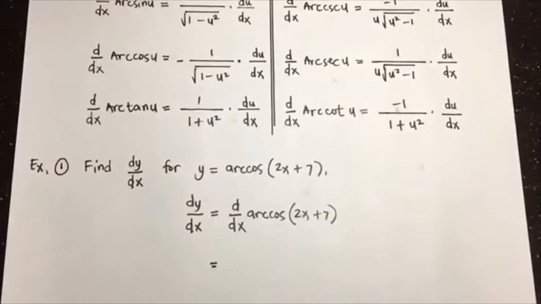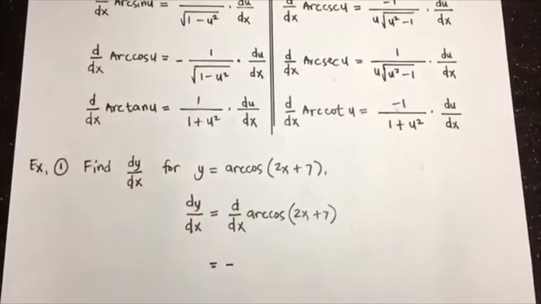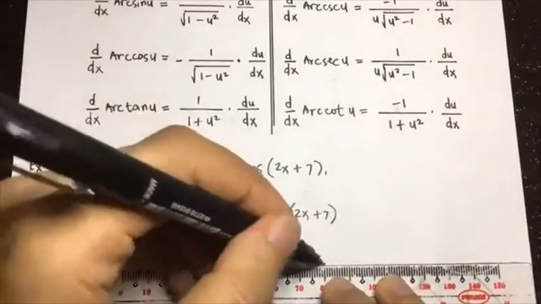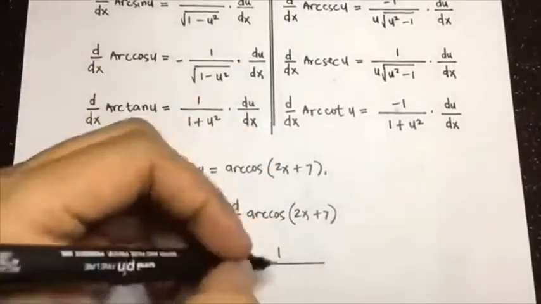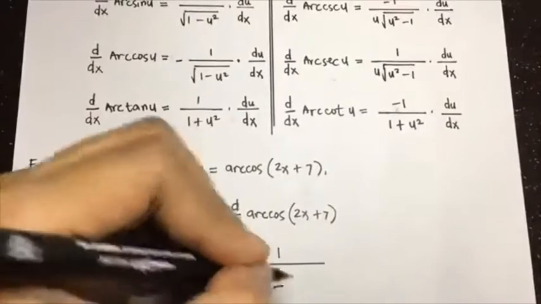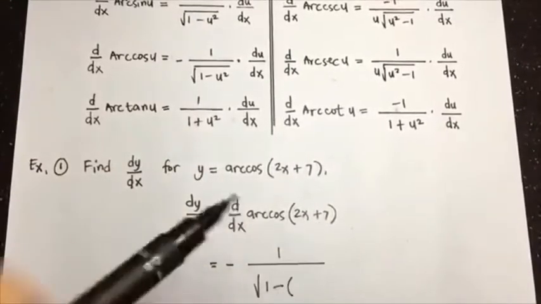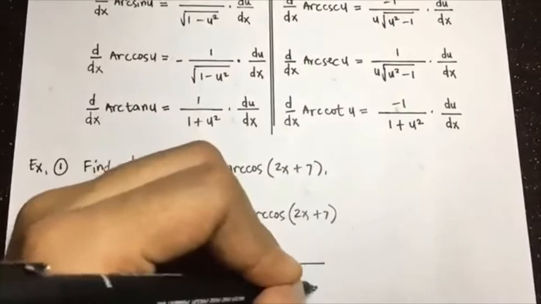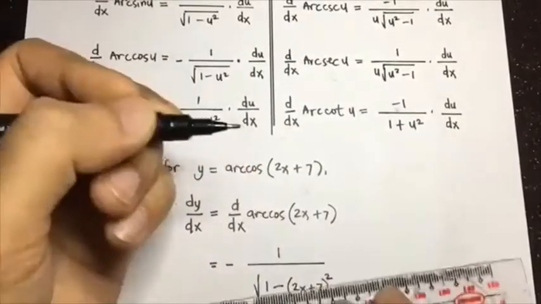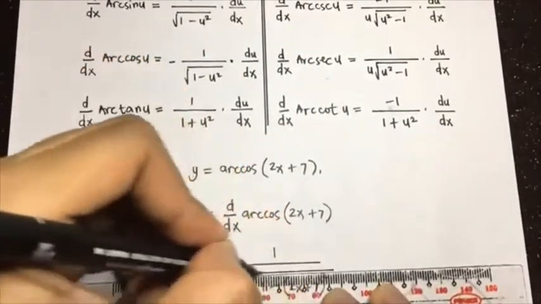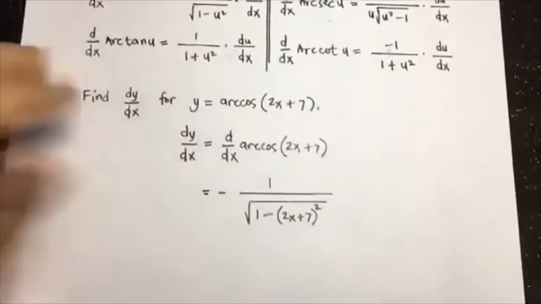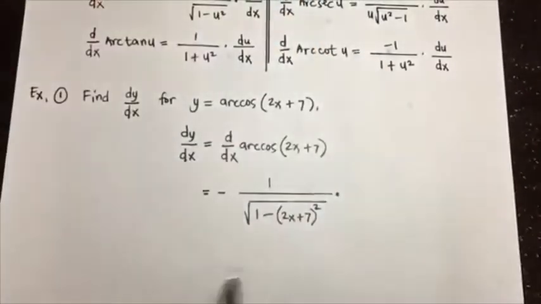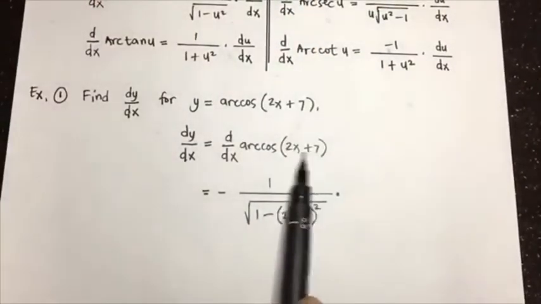Its derivative will therefore be negative 1 over square root of 1 minus u squared, where our u is 2x plus 7, multiplied by the derivative of u with respect to x.